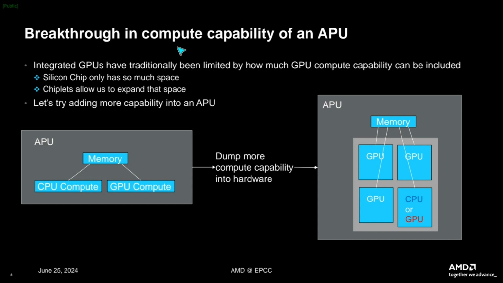And so this is what the current breakthrough is in high performance computing, this breakthrough in the compute capability of an APU. Traditionally, the problem with an APU was you just didn't have enough silicon to work with. You have this little chip on the motherboard, and you just don't have enough silicon space to add more and more compute.